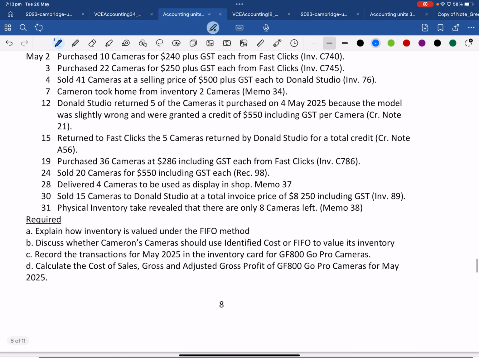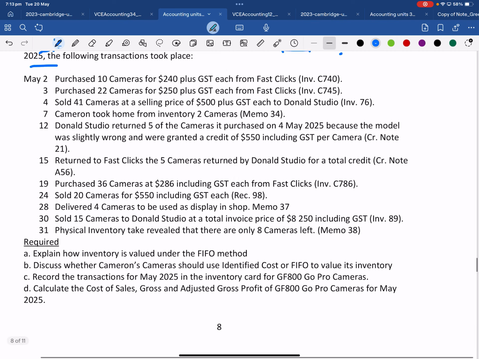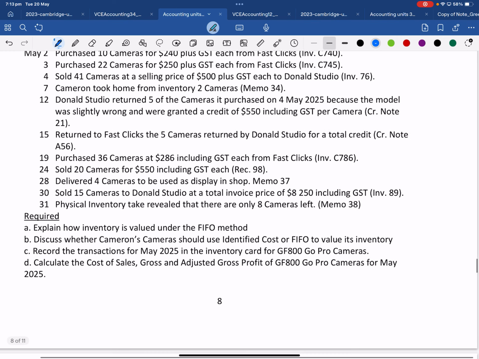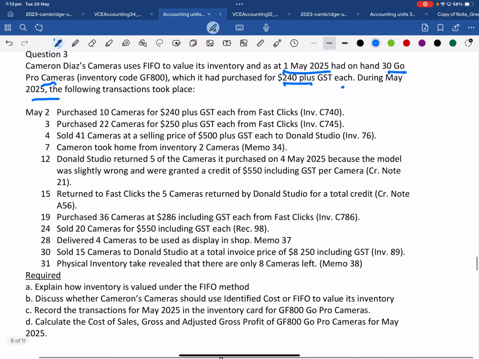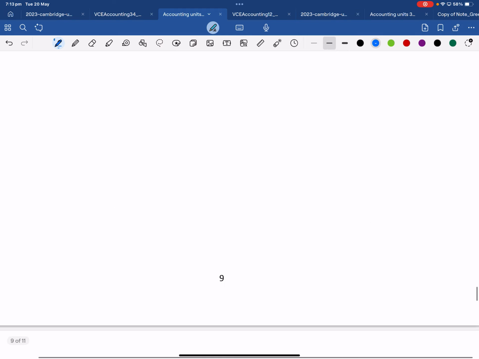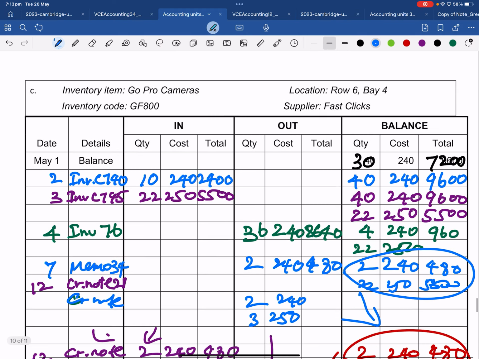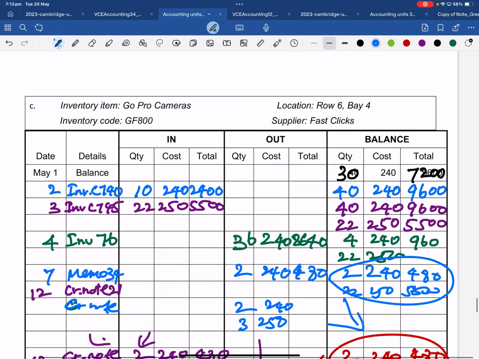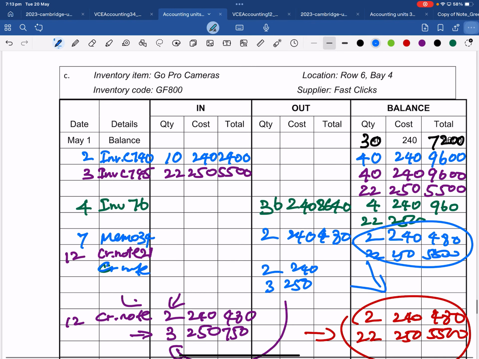Shall we do part C first? Yeah, do part C first, because the other questions I am not really interested in. I want to teach you how to do the question before we finish today. I have done halfway through, but I'll rub it.